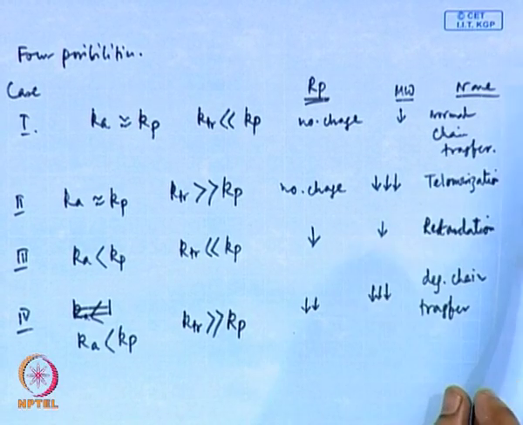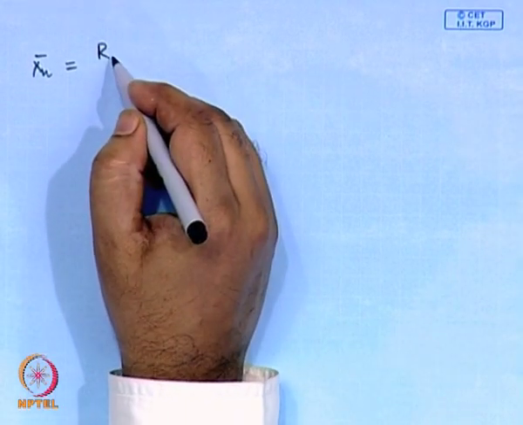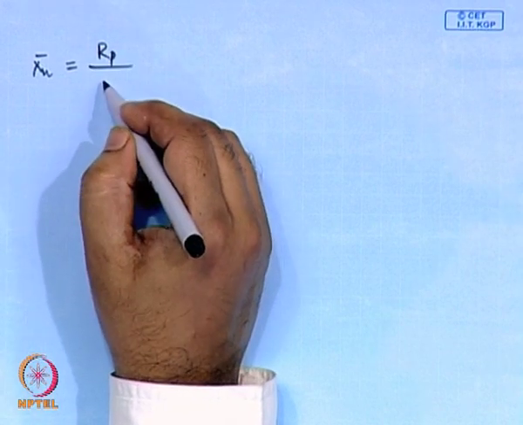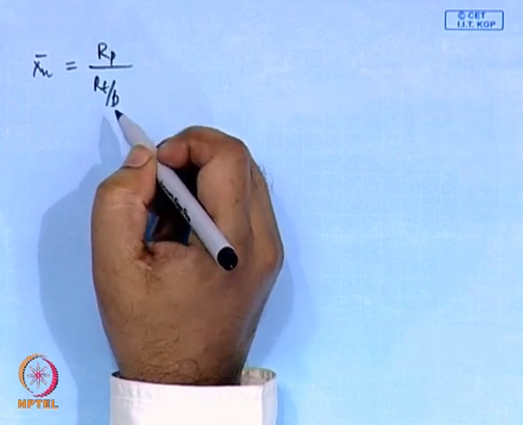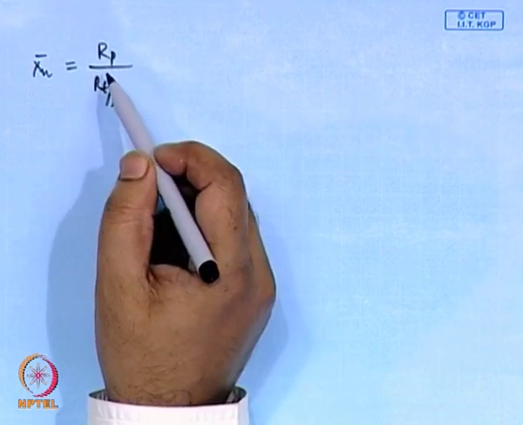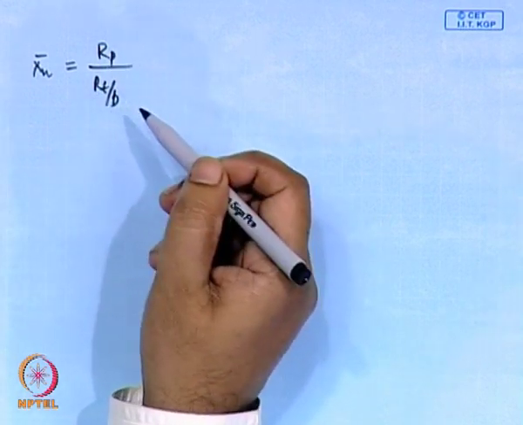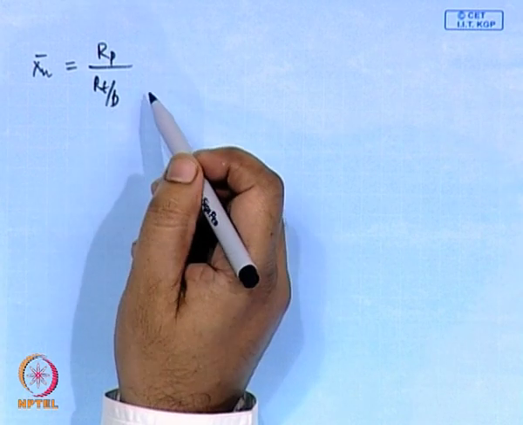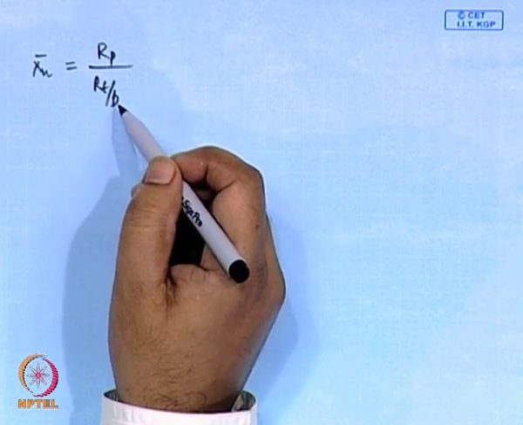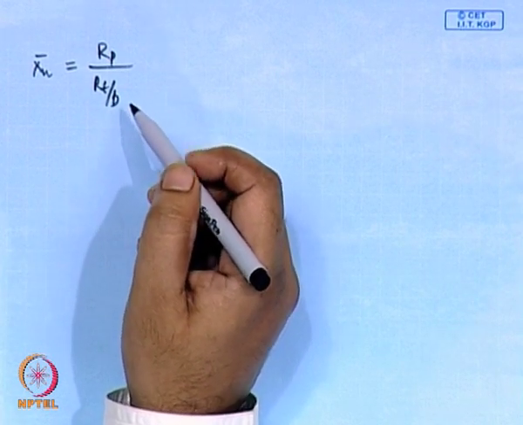Okay. So, we now write the kinetic expressions. Now, we have found that this expression gives the average degree of polymerization without any transfer reaction, where termination is only due to either coupling or disproportionation, and B is the average number of initiator residues per polymer chain at the end of the reaction.